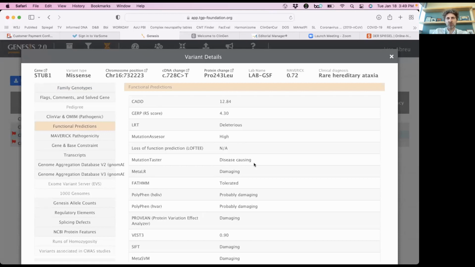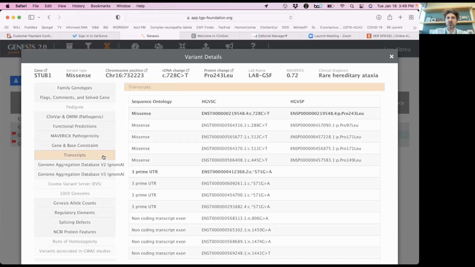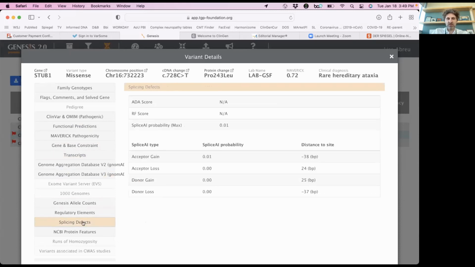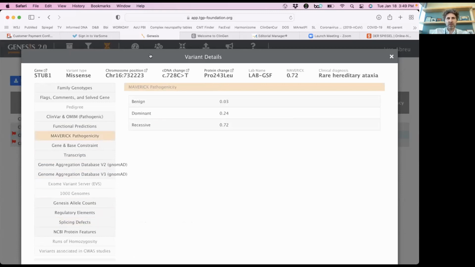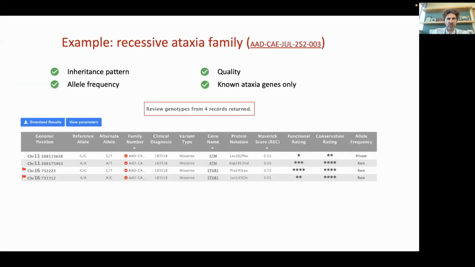This is taken into account as well. Other things people take into account are gene or base constraint, which transcript it is on, splice predictions, and on and on. But I don't want to overwhelm you with this. I think going with these 4 basic filters, you can already do a great job. So that's pretty much how this works.